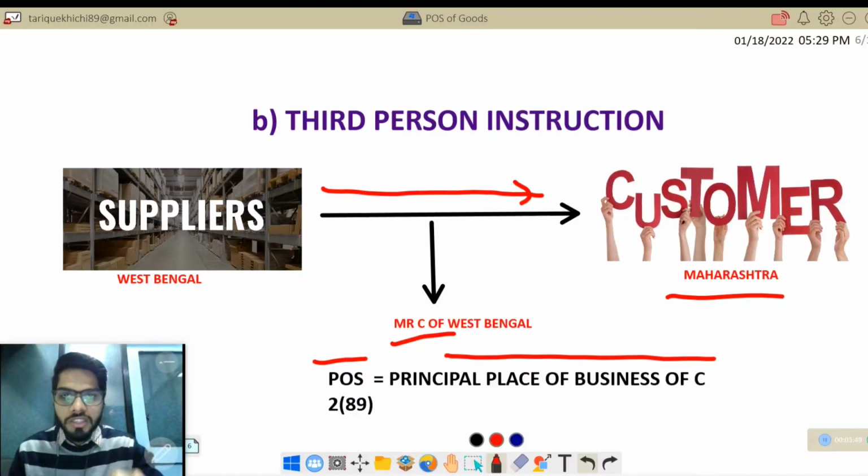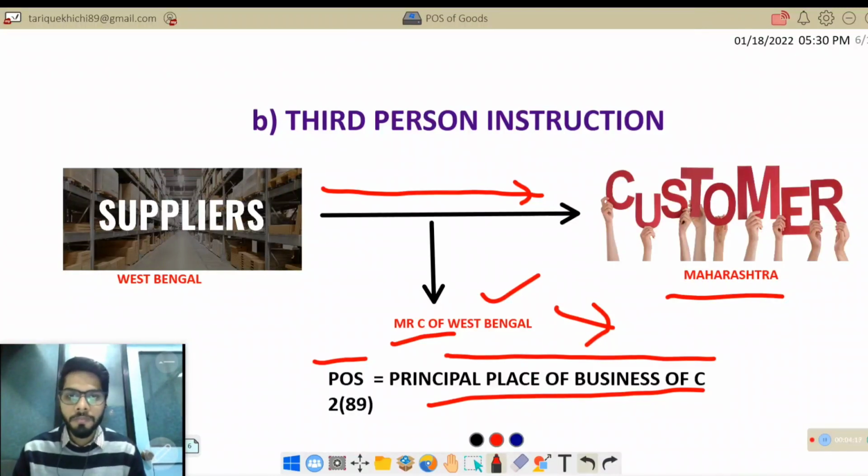So even though the goods are transferred to a customer in Maharashtra, the instruction was given by Mr. C. So it will be assumed that the goods were deemed to be received by Mr. C, and the place of supply will be the principal place of business of Mr. C, which is West Bengal. So place of supply will be West Bengal.